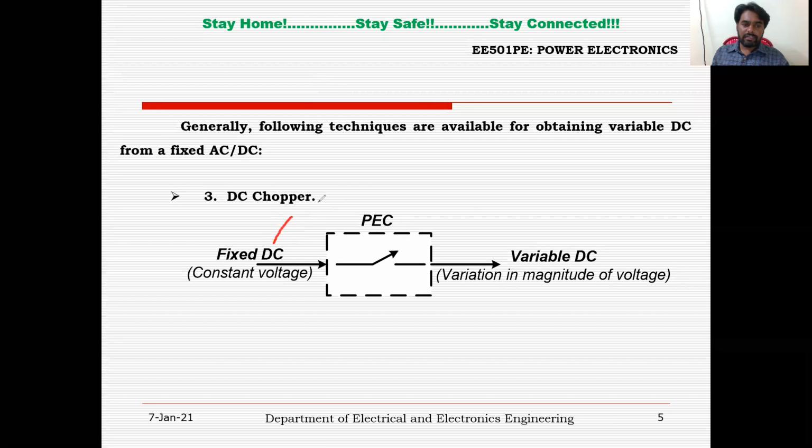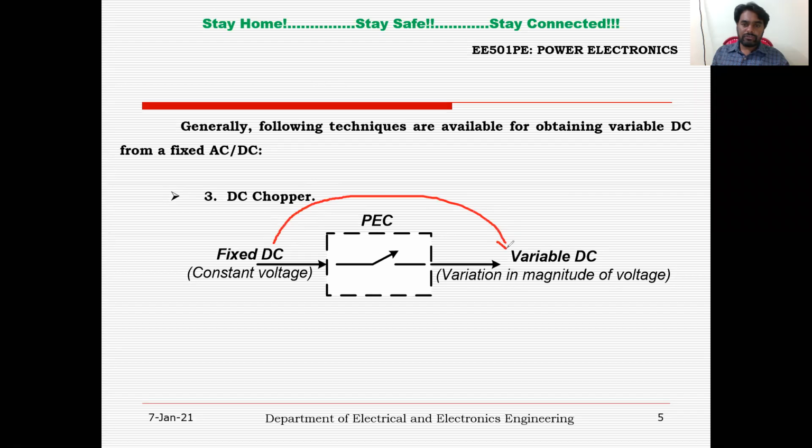It directly converts a fixed DC to a variable DC with only one converter. This is denoted by PEC, which means power electronic converter, represented with a rectangular dotted box, and a chopper is always denoted with CH.